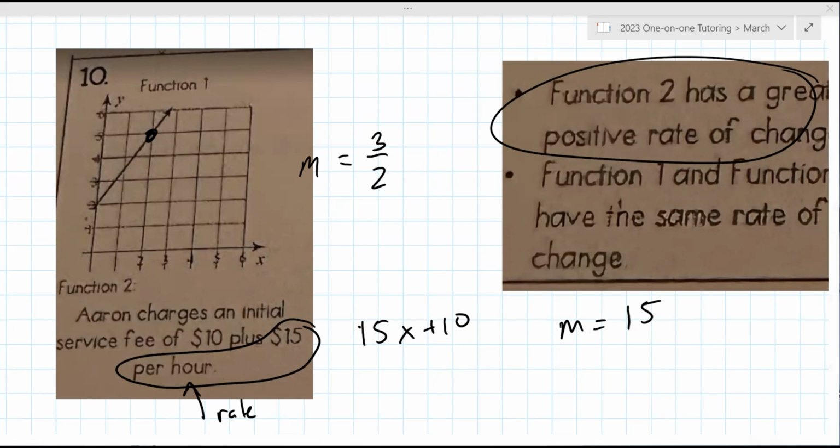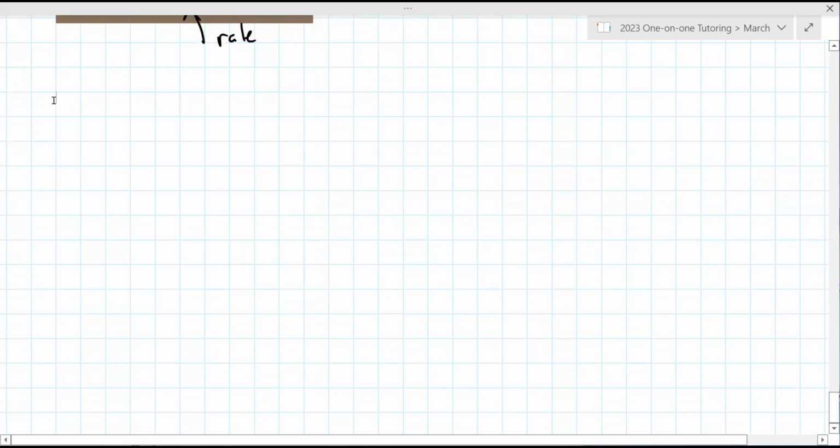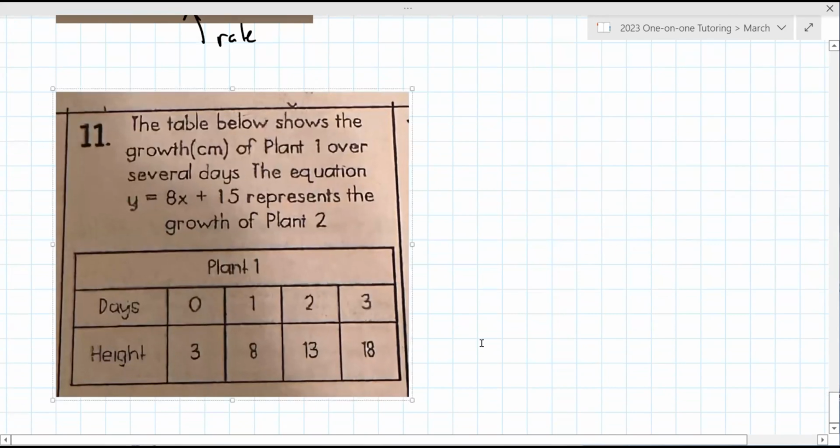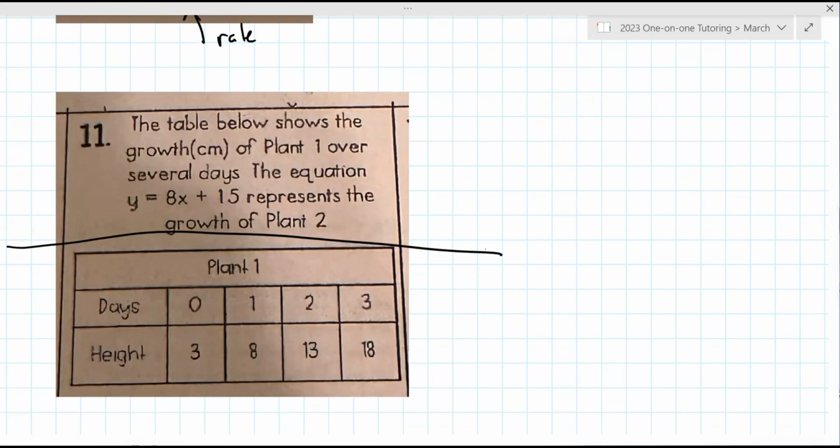All right. Let me grab number 11. So we got an equation first. The slope of the equation is 8, y equals 8x plus 15. What's the slope of the equation down there?